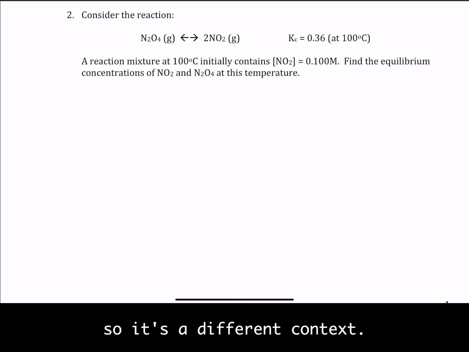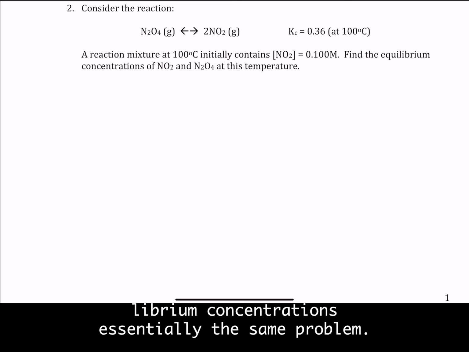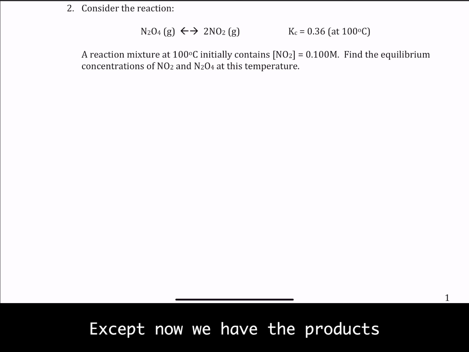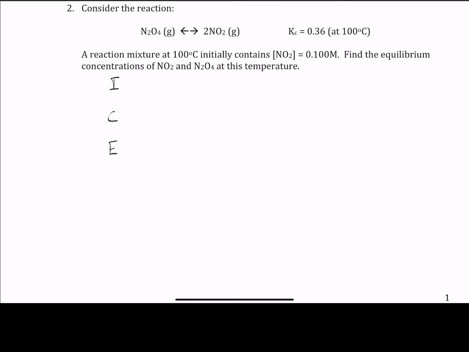Well, it's a different context now. All right, so we've got a new reaction, and we have the concentration of one, finding equilibrium concentrations. Essentially the same problem, except now we have the product's initial concentration. But still initial, change, and equilibrium.